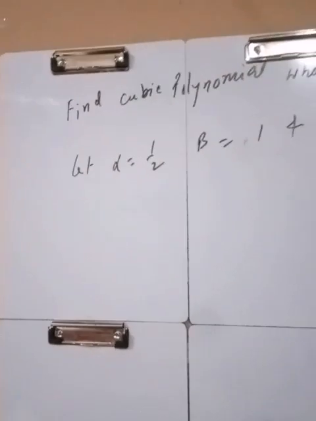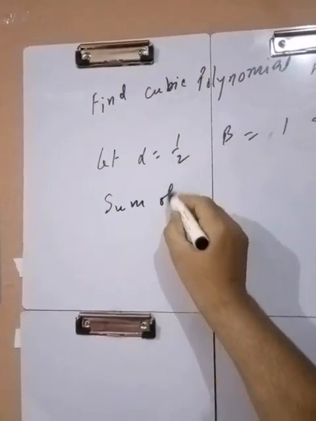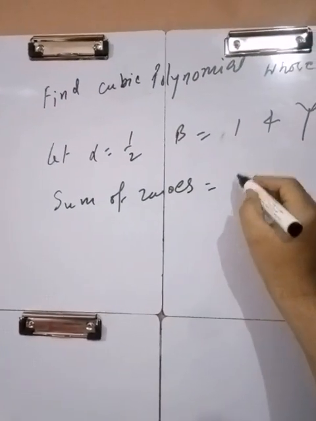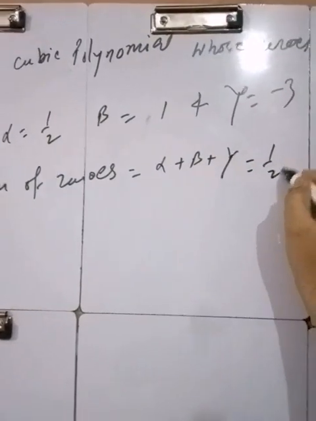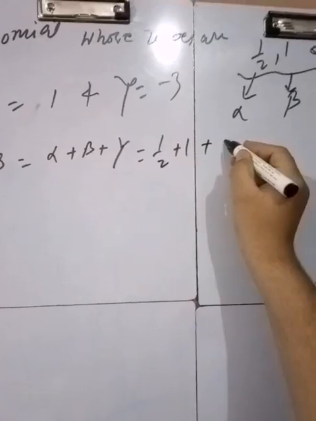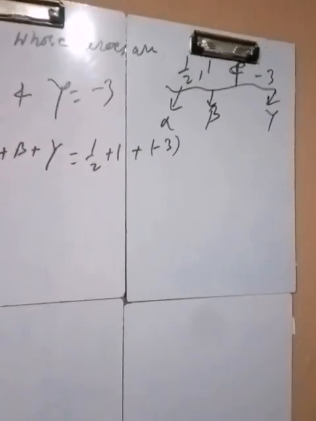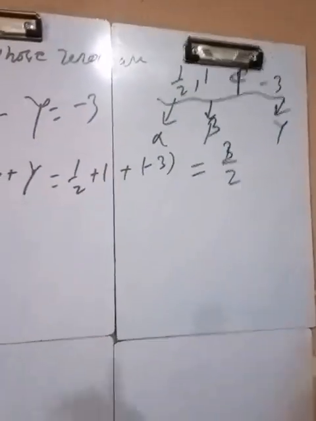Now we find alpha plus beta plus gamma, the sum of the zeros, which is 1 by 2 plus 1 plus -3. If you calculate it, you will get -3 by 2.